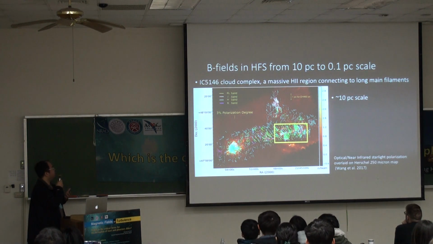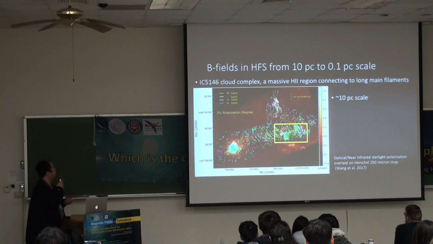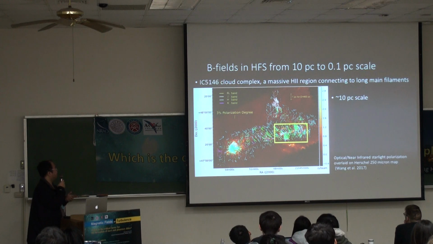Here is our target, IC5146. Let's start from the very big scale. Here we show our previous optical and infrared starlight polarization results overlaid on Planck maps. We can see the system consists of a bright extruded region connected to a long filament with a length of roughly 10 parsec.